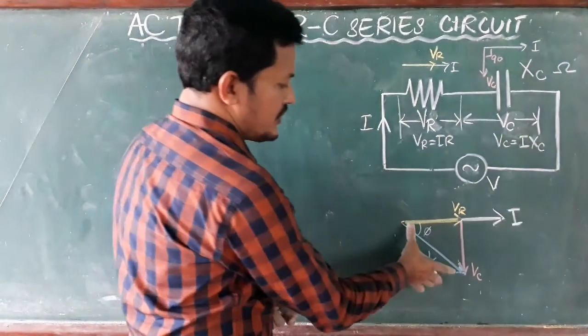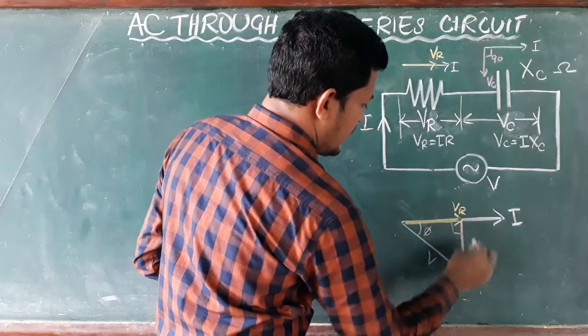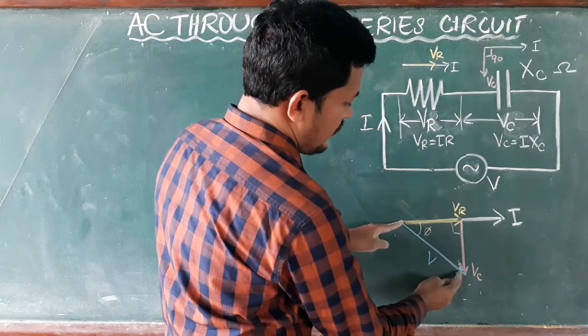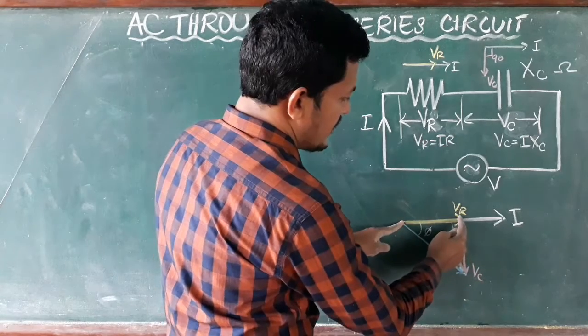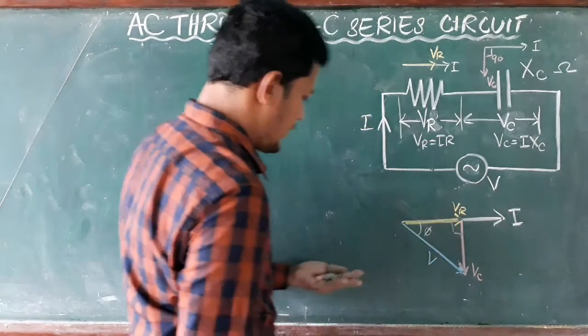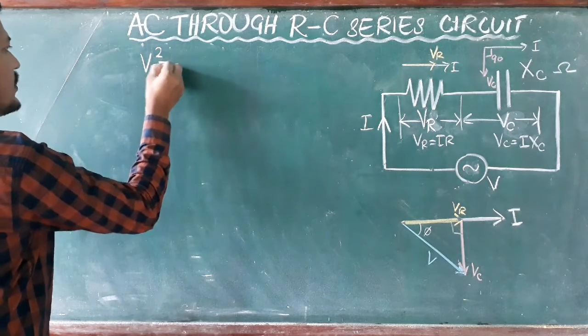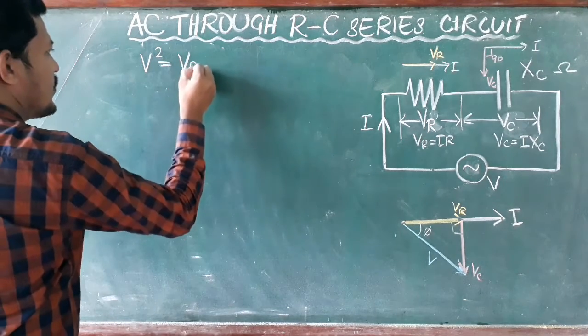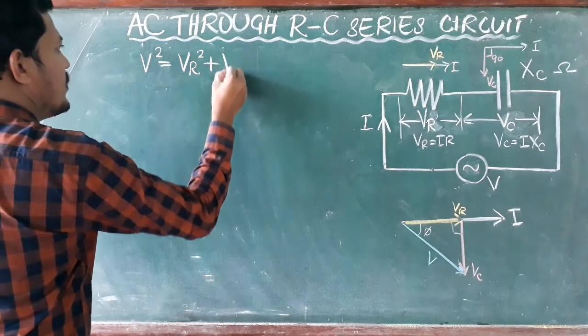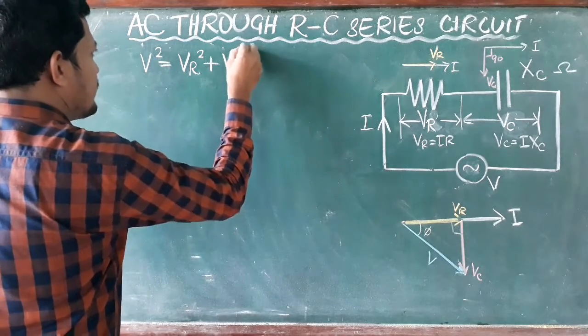Now, using this triangle, which is a right-angle triangle, this is the hypotenuse. So V square equals VR square plus VC square, using the Pythagoras theorem. Taking the root, V equals root of VR square plus VC square.